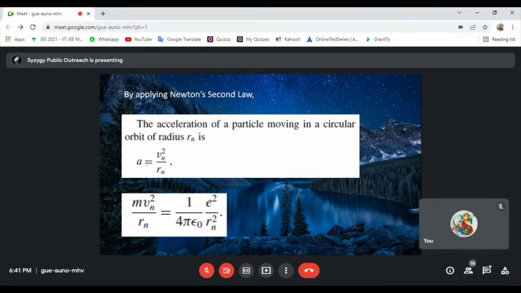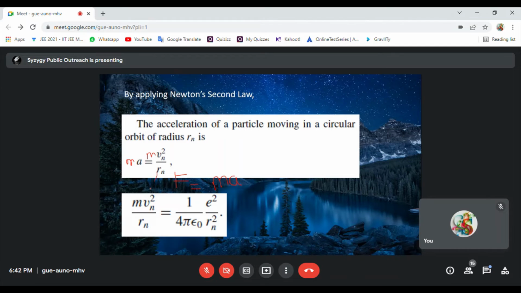Here Vn corresponds to the velocity of the particle and Rn corresponds to the distance of the particle from the center of the circle it is tracing out. Then by applying Newton's second law, F equals ma, we get m Vn square upon Rn, which is m into a.